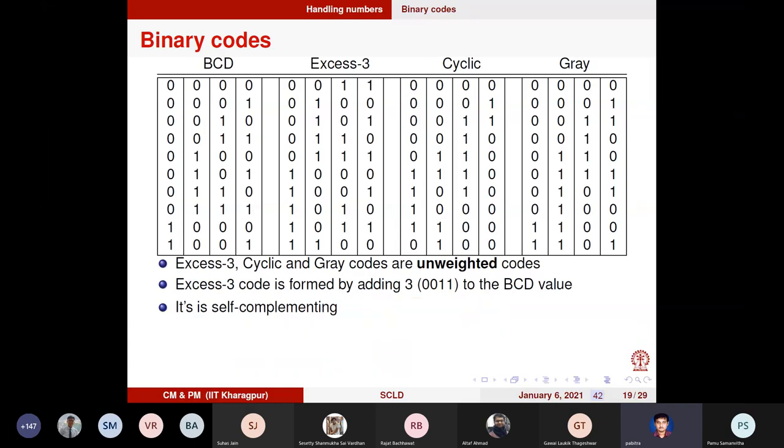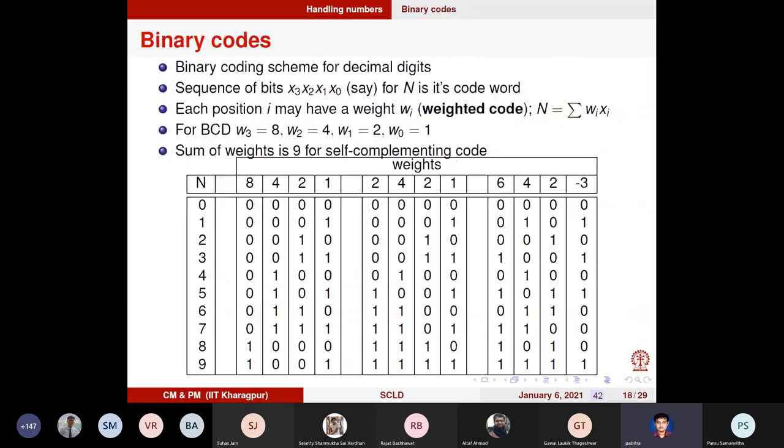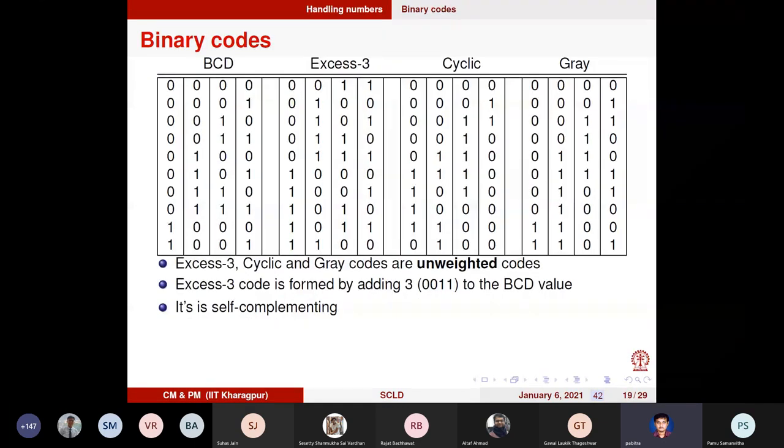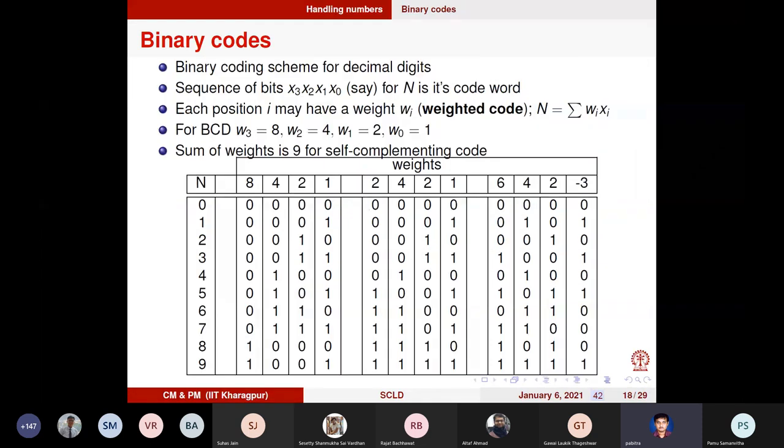By the way, one more thing I forgot to mention in the last class is that for the case of weighted code, it may be possible that there is a non-unique representation of some decimal digits. One particular decimal digit can be represented in 2 different ways or multiple different ways using the same set of weights. So they need not be unique.